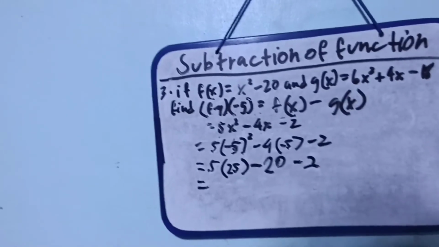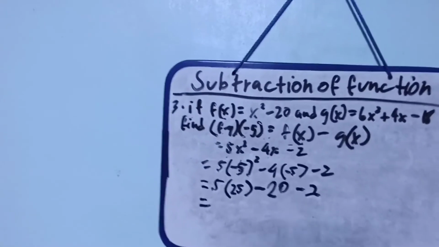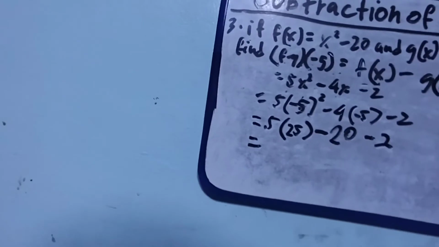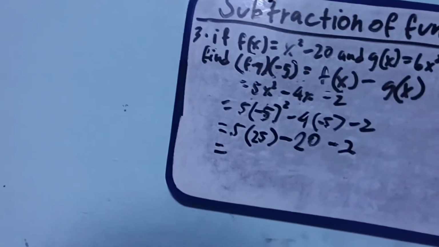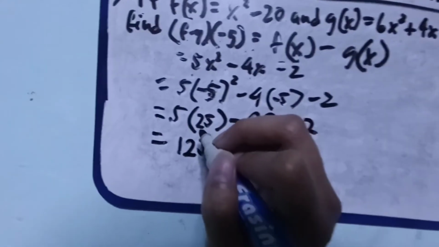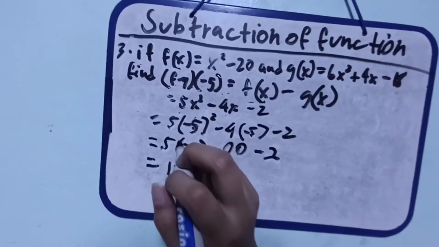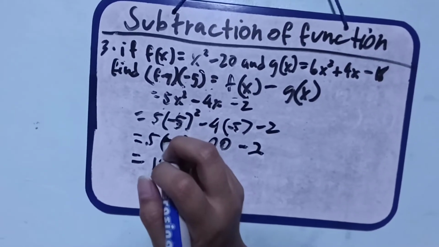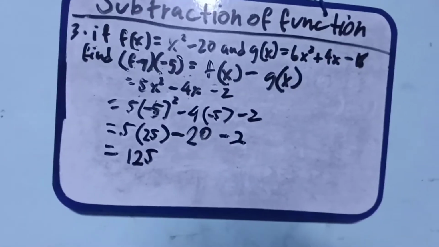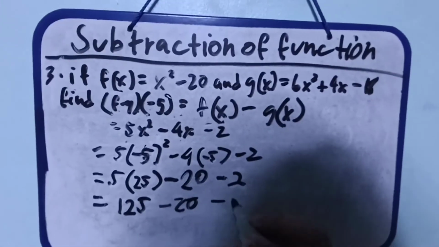So, 5 times 25. Ilan siya? That is 125. Bring down ulit, 20 minus 2.